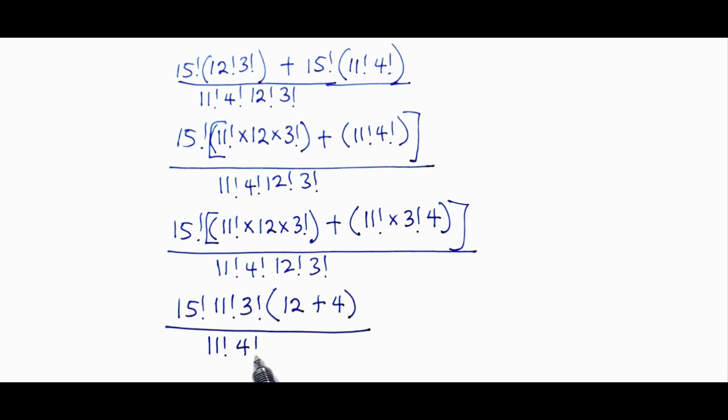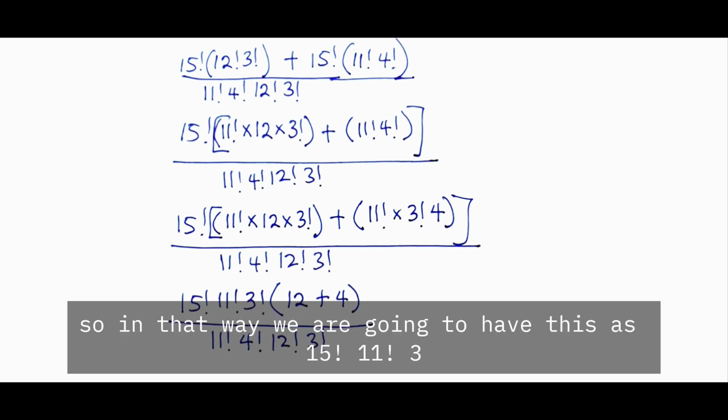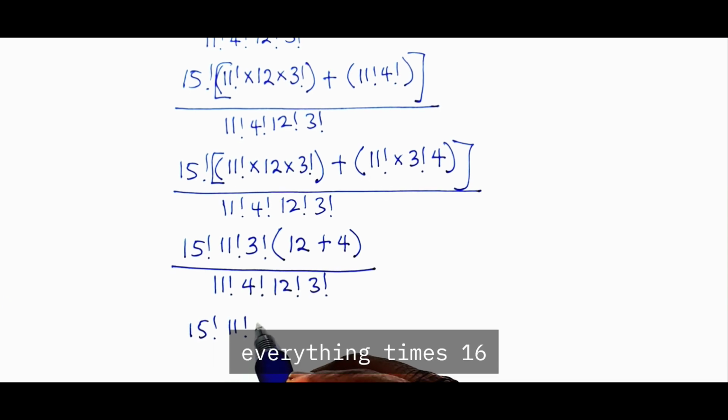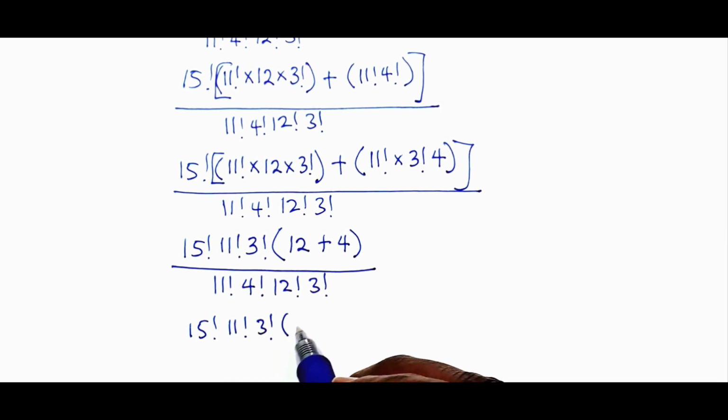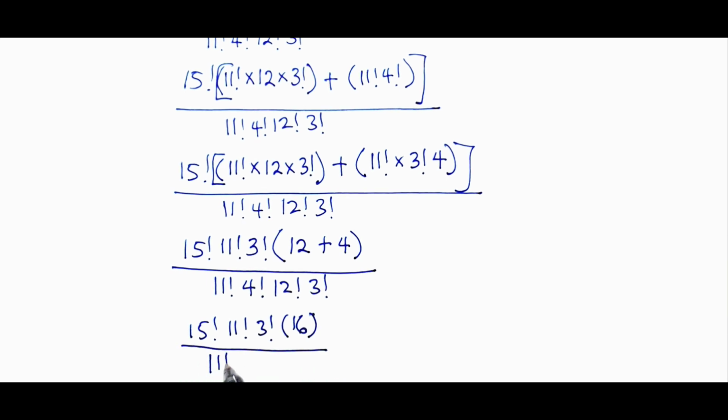Over 11 factorial, 4 factorial, 12 factorial, 3 factorial. So in that way, we're going to have this as 15 factorial, 11 factorial, 3 factorial, everything times 16 over 11 factorial, 4 factorial, 12 factorial, 3 factorial.